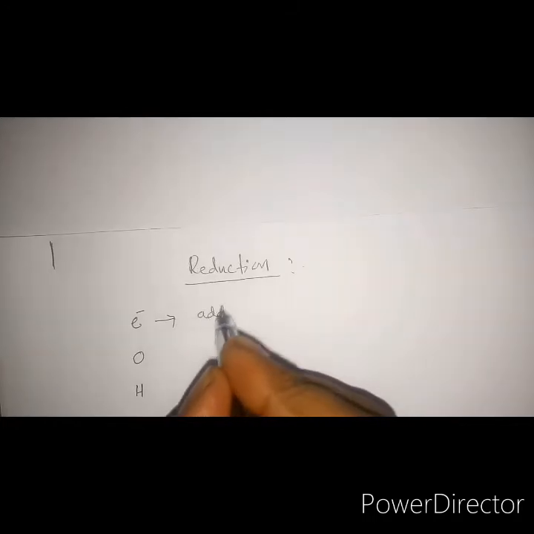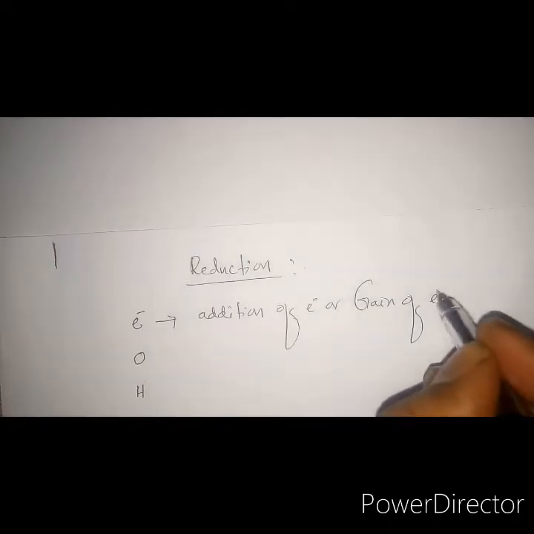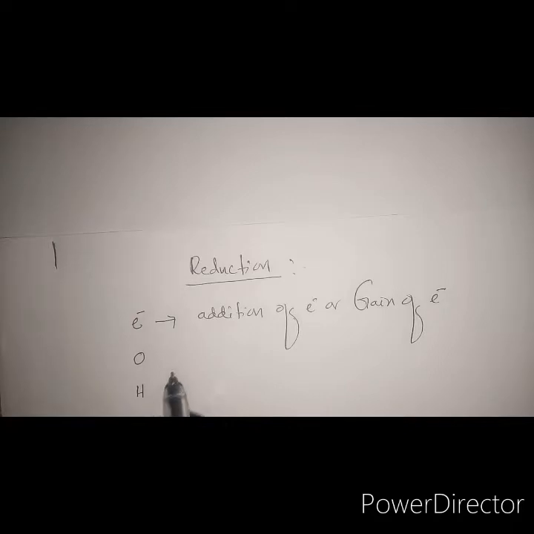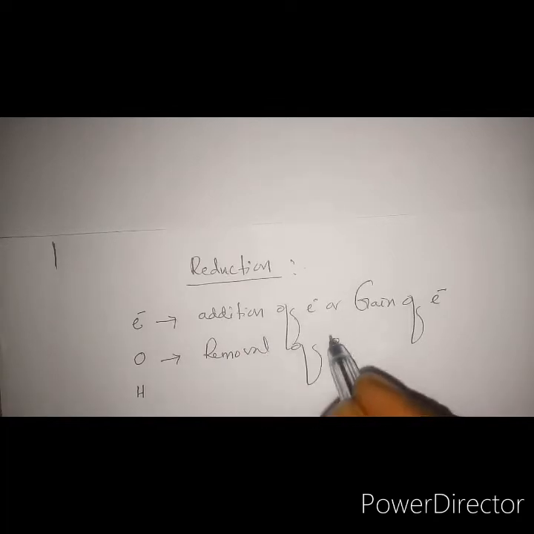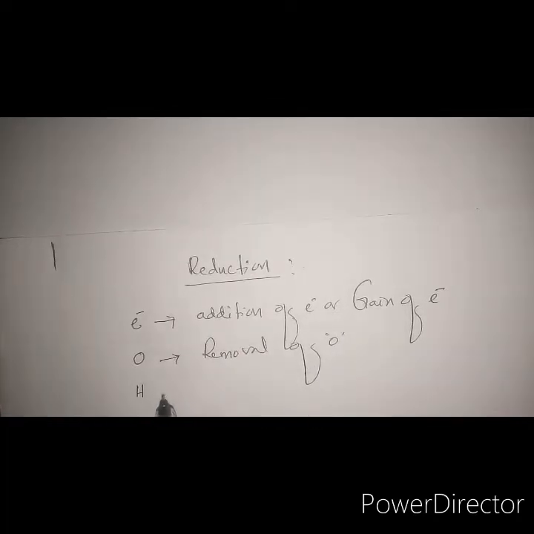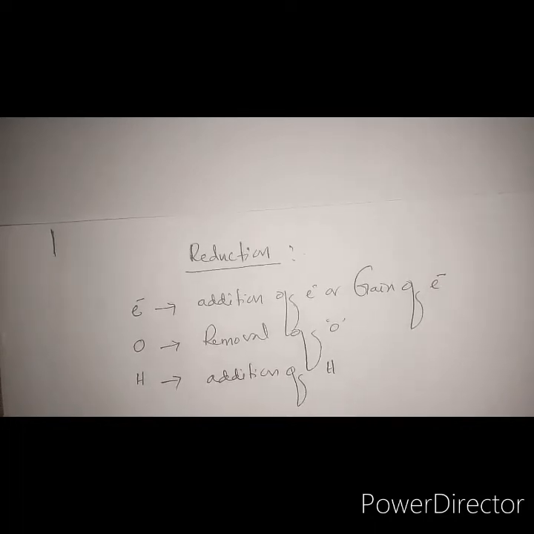In terms of electrons, it is the addition of electrons, or gain of electrons, so we call it reduction. In terms of oxygen, the removal of oxygen is called reduction. In terms of hydrogen, the addition of hydrogen, we call it a reduction reaction.